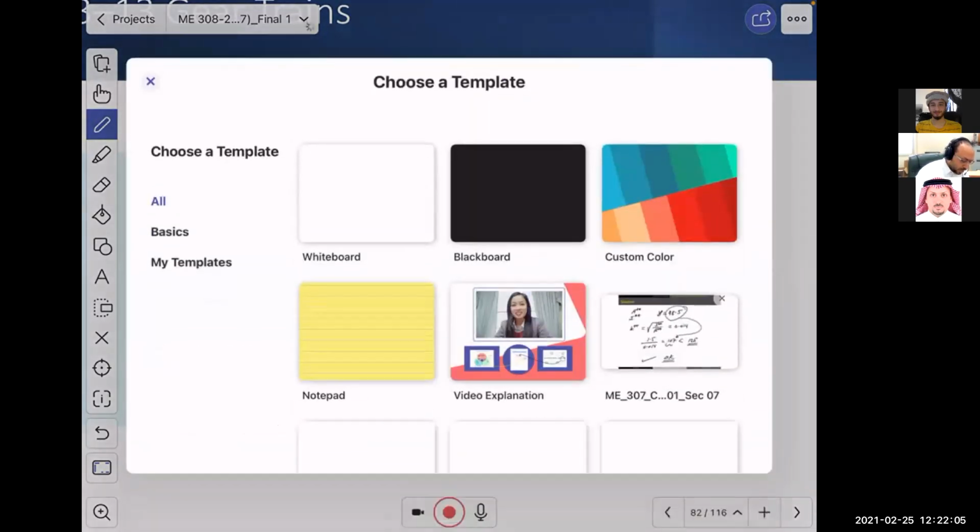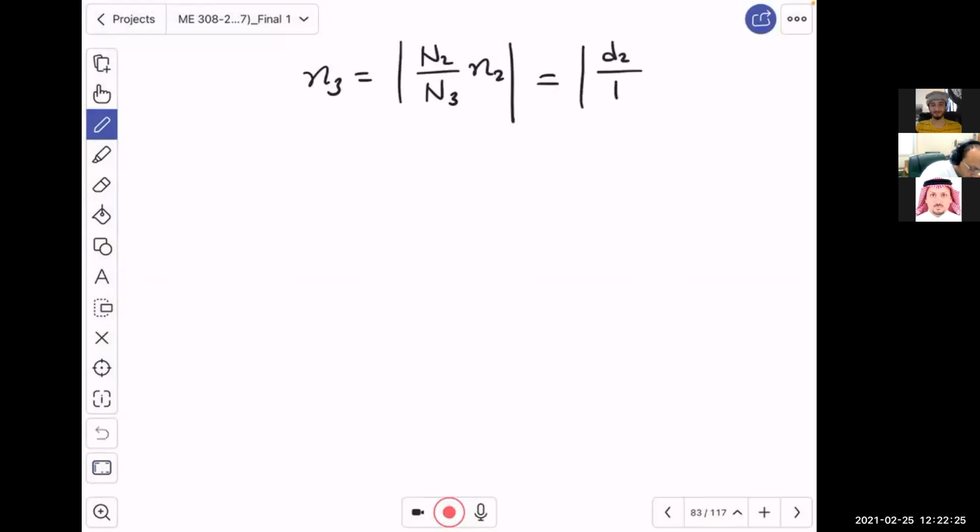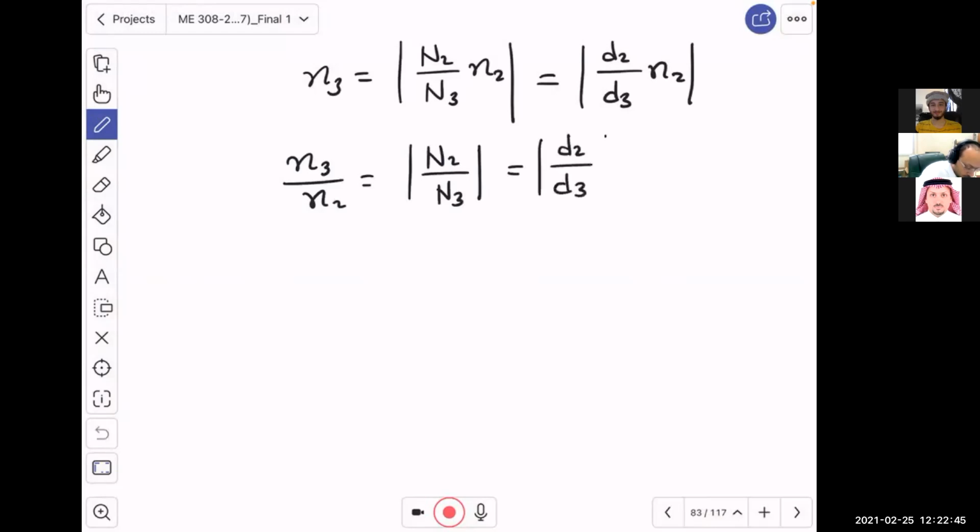Well, if I open a note over here, I want to remind you, in the beginning of the section for gear train, we said that N3 is equal to N2, the number of teeth, divided by N3, multiplied by N2, which is the same as D2 divided by D3 times N2. So I can say that N3 divided by N2 is the same as N2 divided by N3, which is equal to D2 divided by D3.